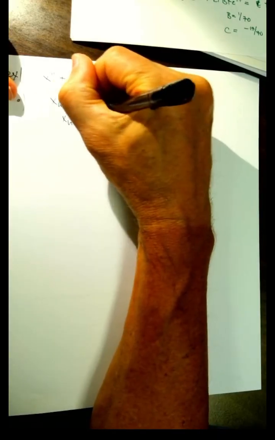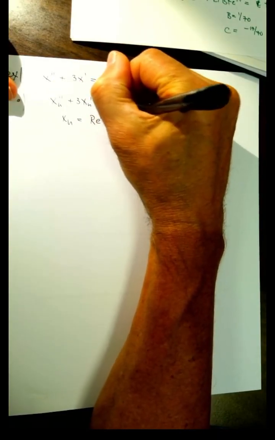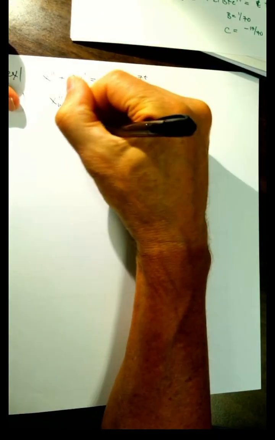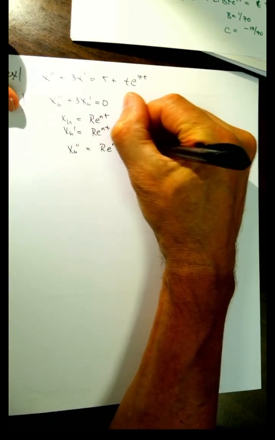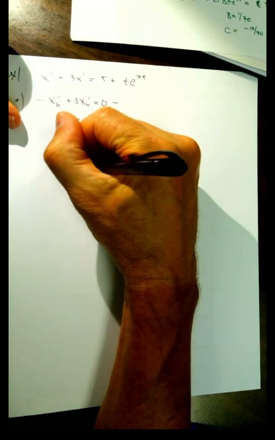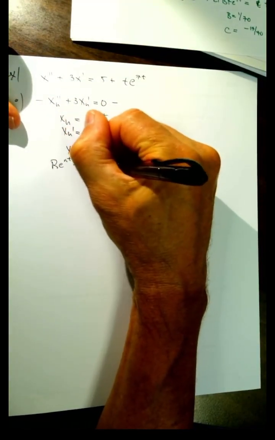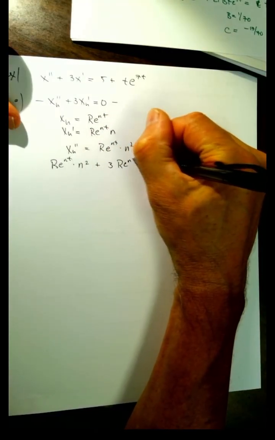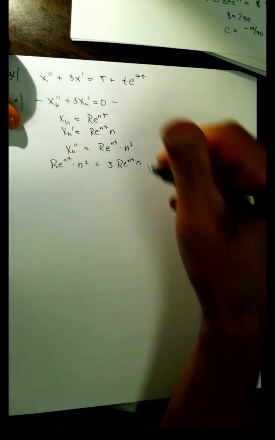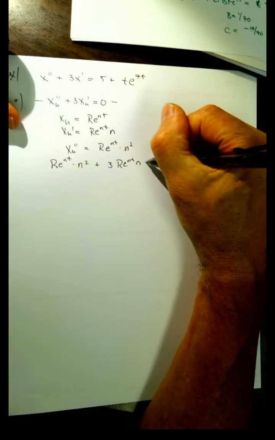I'm going to guess an exponential, which means now I'm going to take the first derivative, so I get r e to the nt times n. Take the second derivative, get r e to the nt times n squared, plug it into my homogeneous equation. So I get r e to the nt n squared plus 3 times the derivative, which is 3 r e to the nt, equals 0.